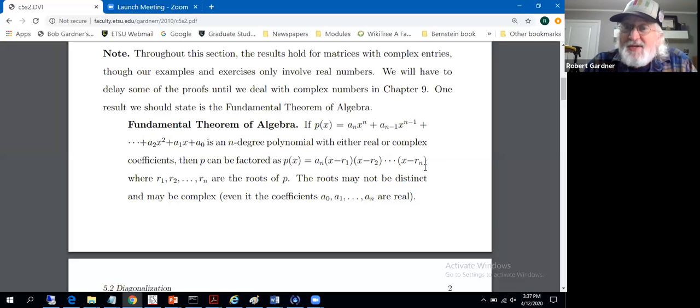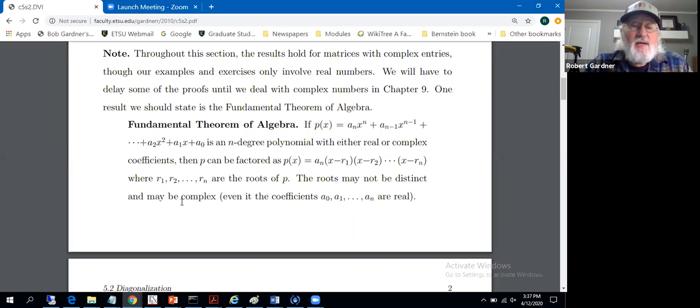They may not all be different. The second example we did of finding eigenvalues, we had 4 appear as an eigenvalue of multiplicity 3. So it was repeated 3 times. We had the same linear term repeated 3 times when we factored the characteristic polynomial. I think it was the previous section.